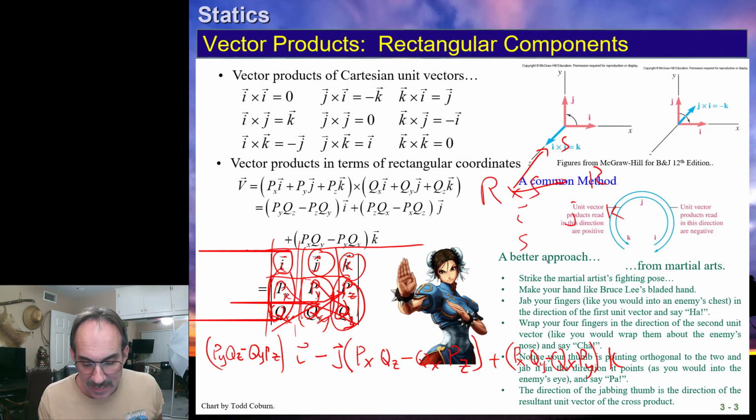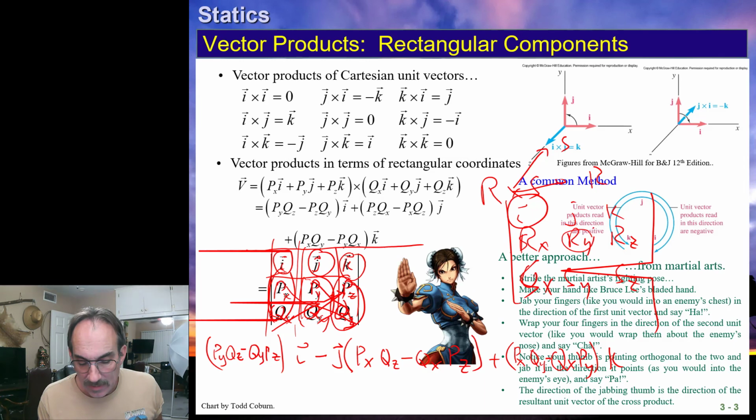R cross S means we put Rx, Ry, Rz, then Sx, Sy, Sz. We then take this and multiply it times the quantity, this times this minus this times this. Then minus j, this times this minus this times this. Plus k, this times this minus this times this.